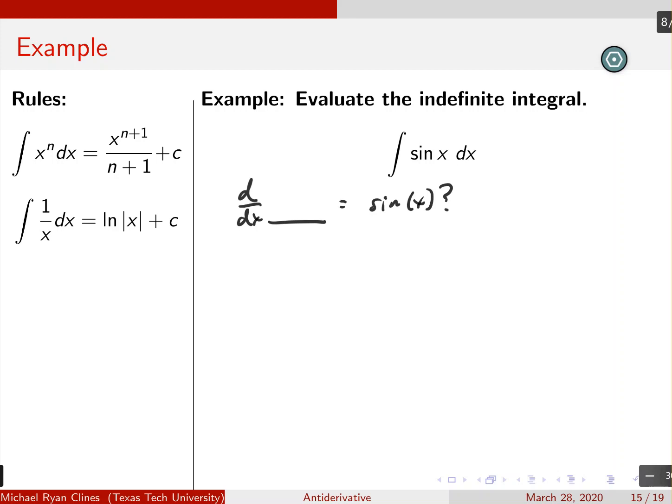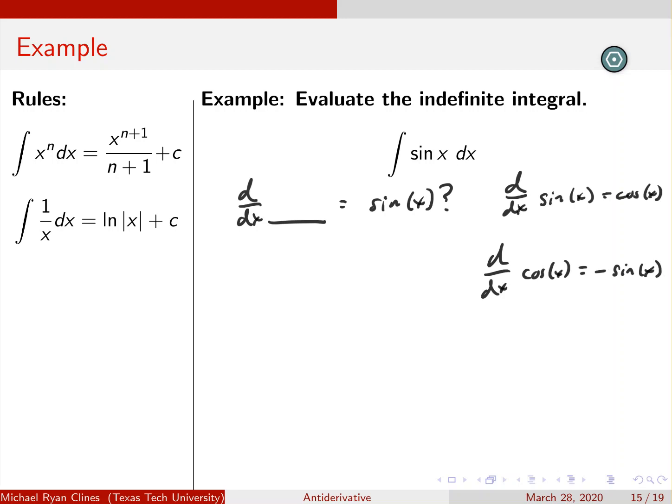Well, in that last problem, we used that the derivative of sine of x is equal to cosine of x. So it makes sense that when we're integrating sine of x, we need to use cosine of x. But what is the derivative of cosine of x? That's just equal to negative sine of x.